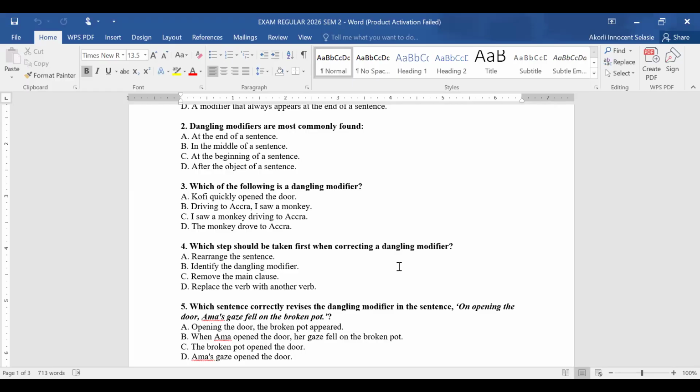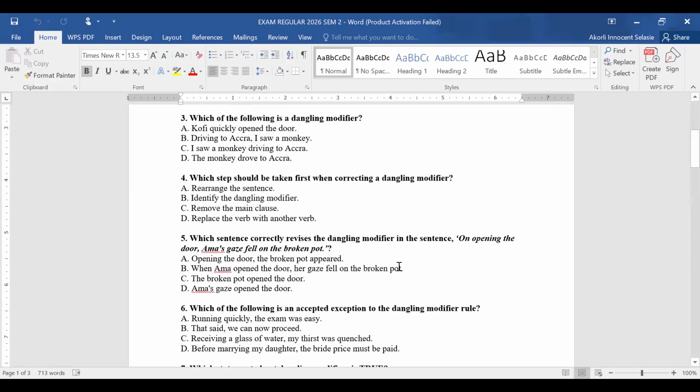But then I said that a sentence such as when I was driving to Accra, I saw is stronger than what we have at B here, even though B is correct. So C is the one that has a problem. I saw a monkey driving to Accra. Was it I who was driving or the monkey was driving? So the answer should be C.